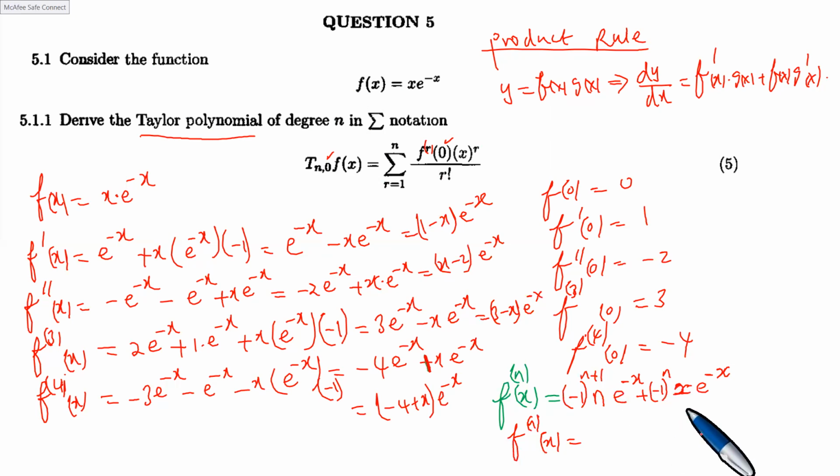You can pull out the e to the minus x. And this gives us n minus 1 to the n plus 1. And then it gives us plus minus 1 to the power n x. Can be written like this.